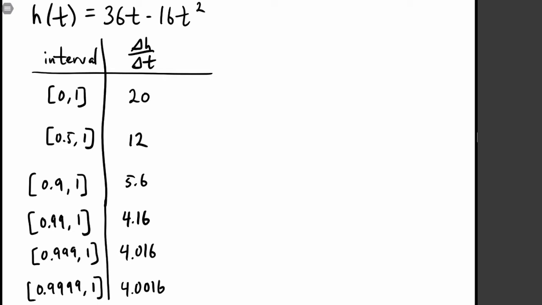outcome might be. Well, of course, we want to be able to know for 100% certain what this sort of limit is, right? This is a limiting process here. The limit that we're doing here is what we call the instantaneous rate of change.